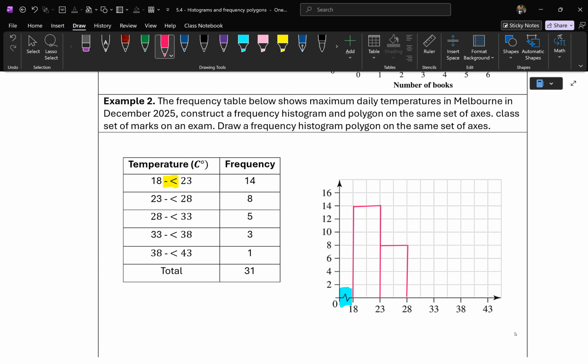Here we go. And then from 28 to 33, we've got 5. So 5's in between. And then 33 to 38 is 3. And then lastly, 38 to 43 is 1.